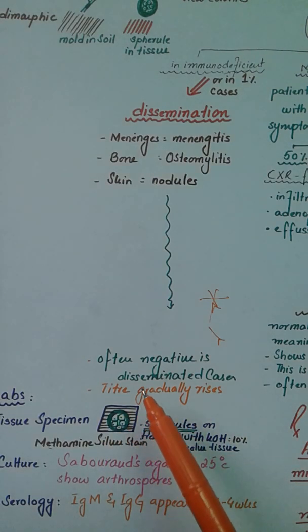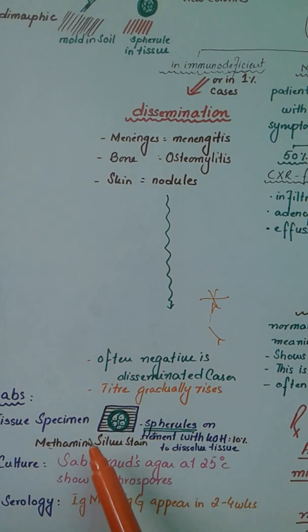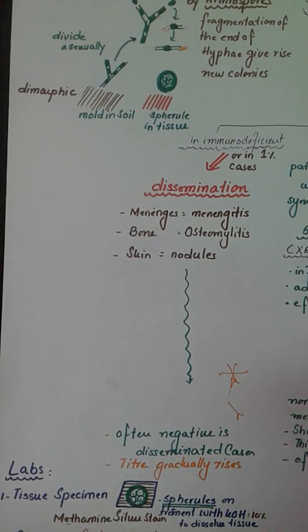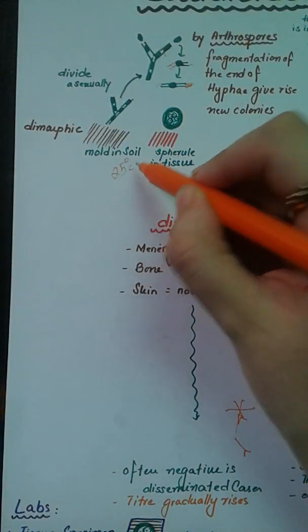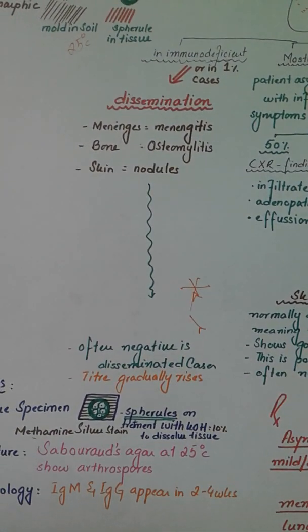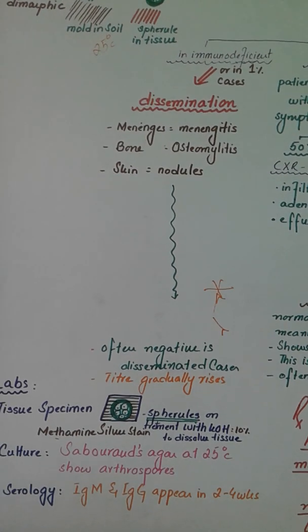Fungi are very difficult to see by gram stain, so we use special stains for them, such as methenamine silver stain. Now it can also be cultured on a special medium known as Sabouraud agar, and this organism is grown in the form of mold at 25 degrees centigrade. Similarly, specific molds have a specific temperature, so they should be cultured at those temperatures.